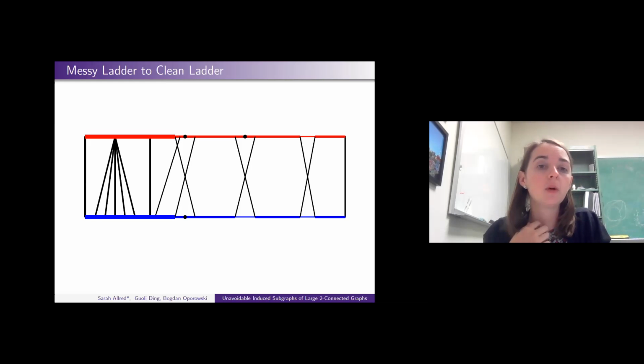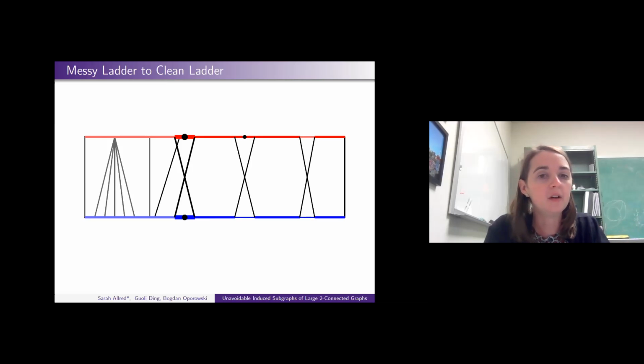The first thing we want to look at is this piece of the graph. We've assumed we have a maximal sequence of the crosses that we want, so we know there are no crosses here. That means this part is already going to be a piece of a clean ladder, so we can fade it out and consider it to be good. The next thing we want to do is resolve this cross.